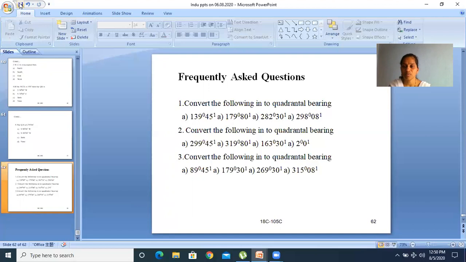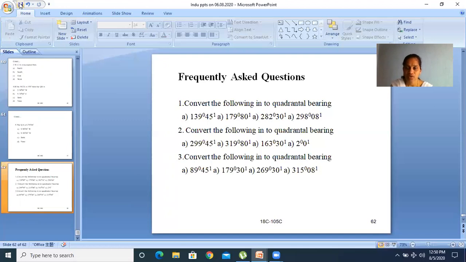You also remember the quadrants and their values, which is the most important. First, second, third, and fourth quadrant. The values: first quadrant from 0 to 90, second quadrant from 90 to 180, third quadrant from 180 to 270, fourth quadrant from 270 to 360.